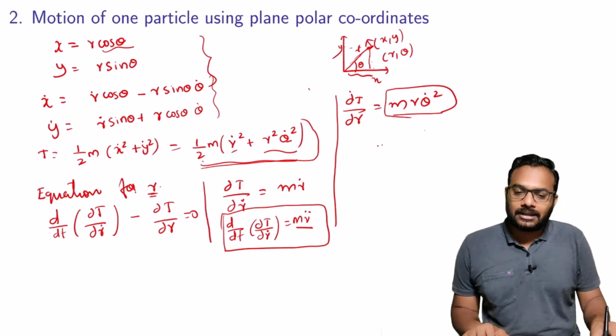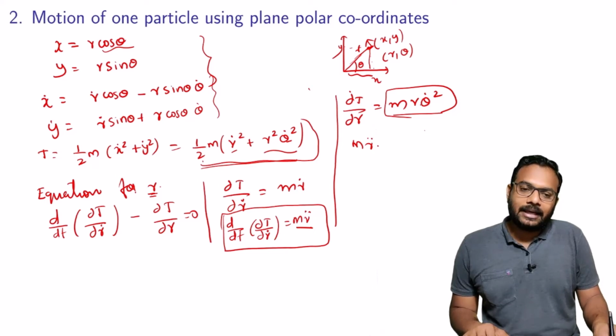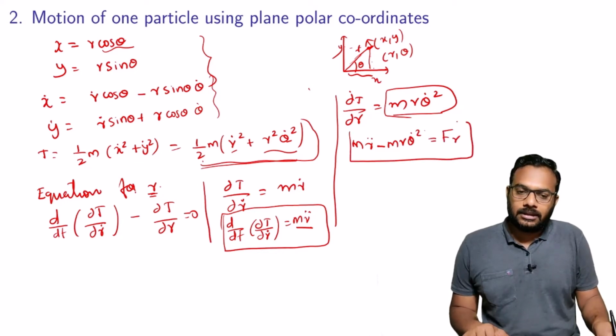You just combine all these things, you see that d/dt of ∂T/∂ṙ, that is m r double dot, minus ∂T/∂r, so it's minus m r θ dot square, is equal to Fr. Okay, that's the radial force.